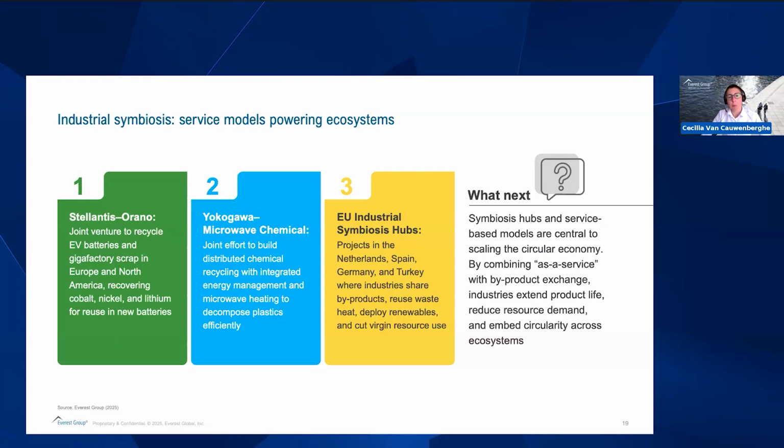The joint venture pools logistics, permitting, and pretreatment under Orano's material handling expertise, while leveraging Stellantis' network of vehicle take-back programs. The collaboration balances throughput, with steady plant supply from production scrap and predictable end-of-life flow from dealer networks. The value driver isn't recycling margin alone, it is supply chain risk mitigation.